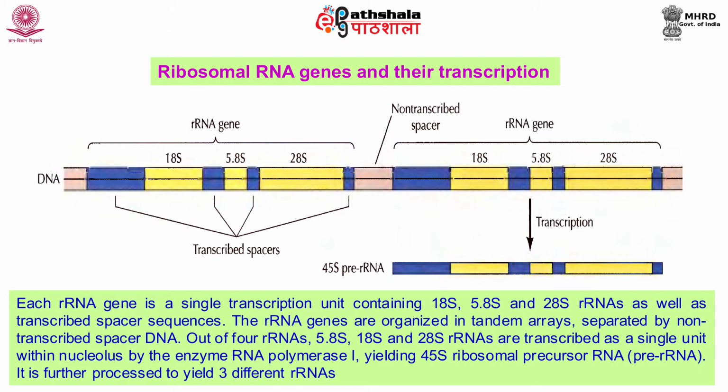In almost all eukaryotes, 5S rRNA is transcribed separately outside the nucleolus and it is catalyzed by RNA polymerase III. But in Saccharomyces cerevisiae, the 5S gene is part of the same repeating unit as other rRNA genes, but it is transcribed by RNA polymerase III in the opposite direction from other rRNA genes.